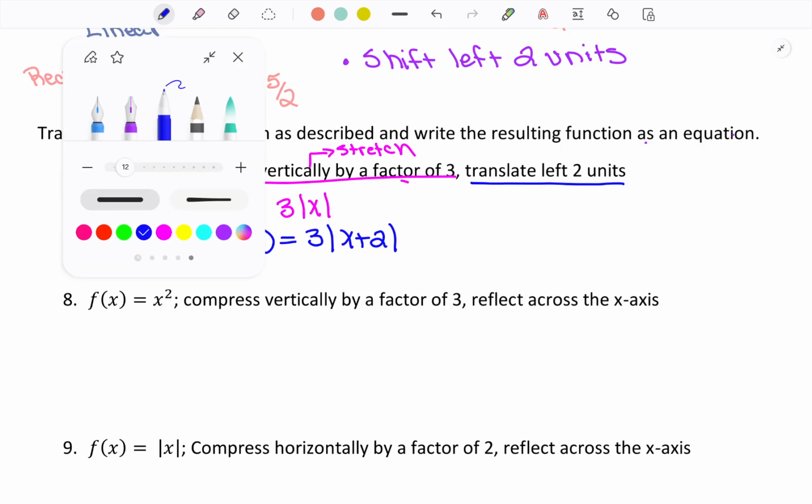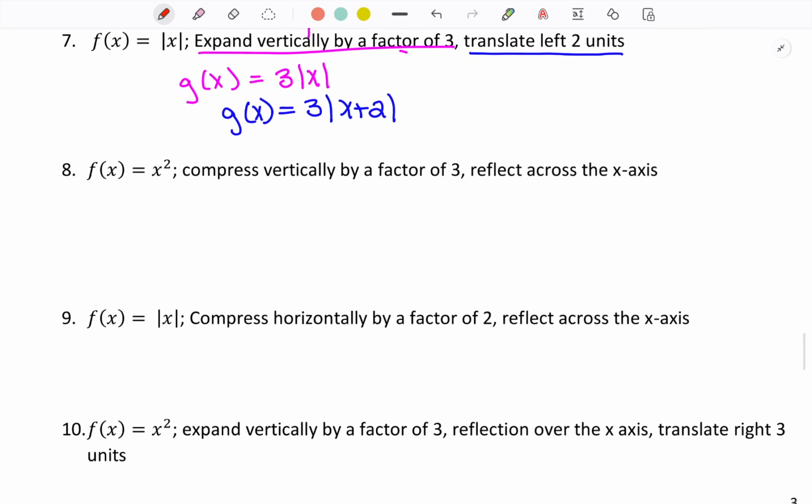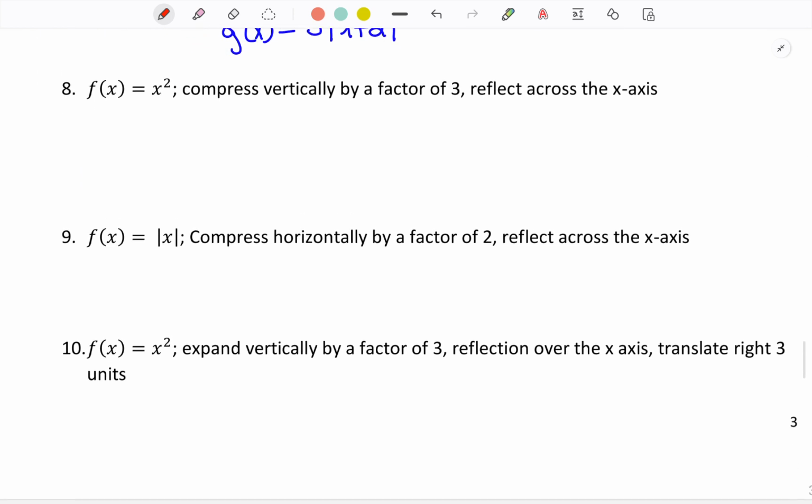So then, on number 8, we will take our f of x equals x squared as our parent function, which is our quadratic, and we will compress it vertically. So that will be by a factor of 3. So this should actually be a 1/3.